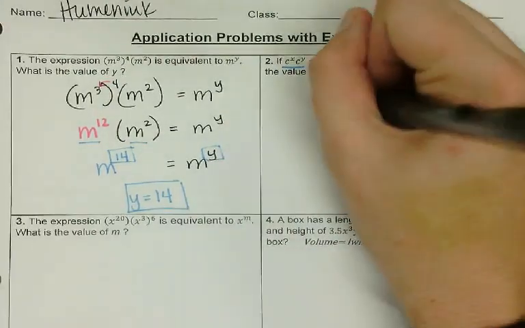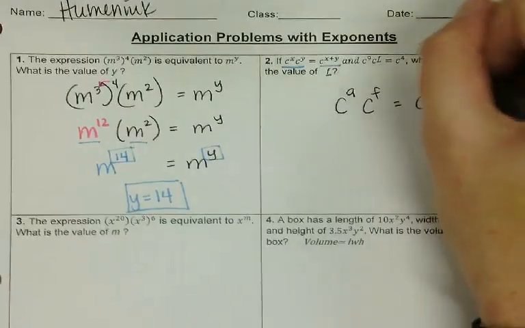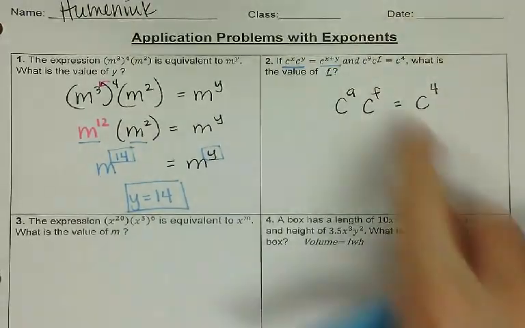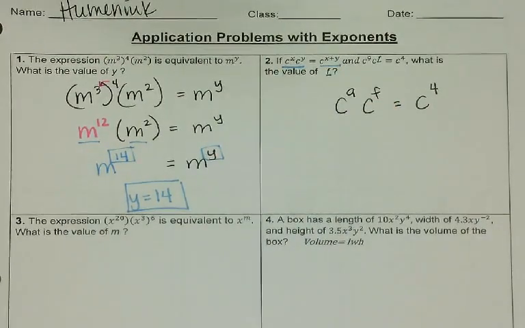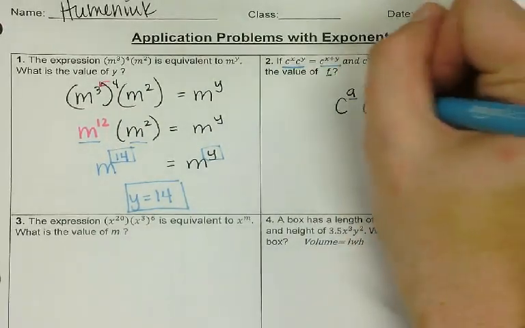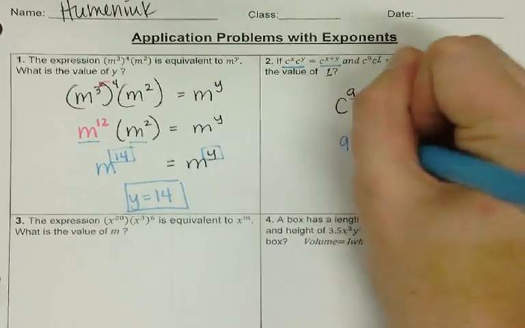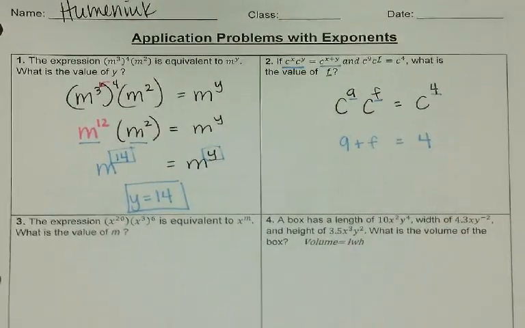So if we have c^9 times c^f is equal to c^4, what's the value of that f right there? Very good. Because really what we are saying is that 9 plus f is equal to 4, right? Because that's what you would normally do.